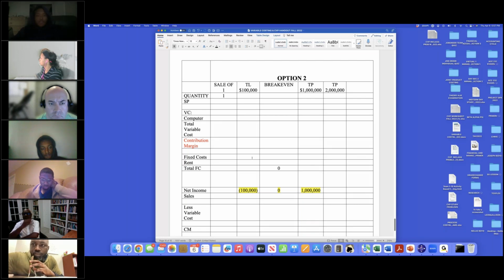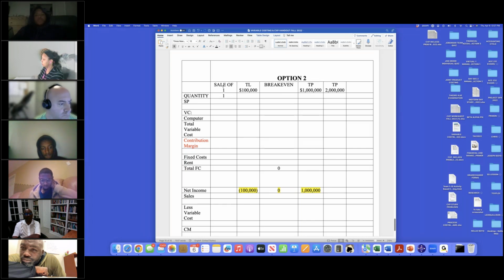Can I see the fixed cost one more time? In this example right here, we're only selling one item. You've got four things you're doing. You're selling one so you see how it looks.